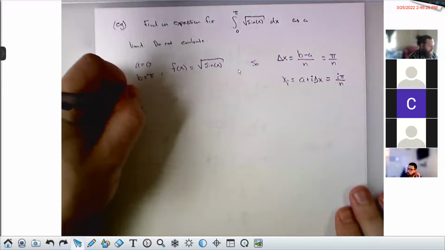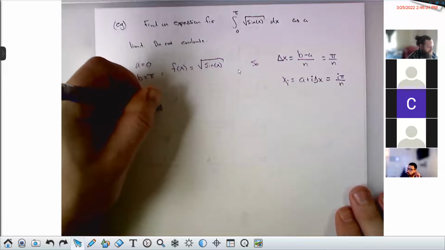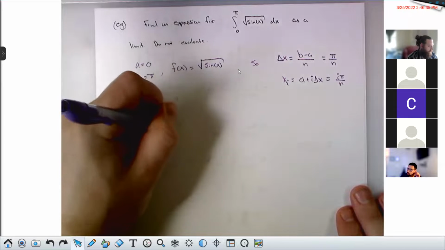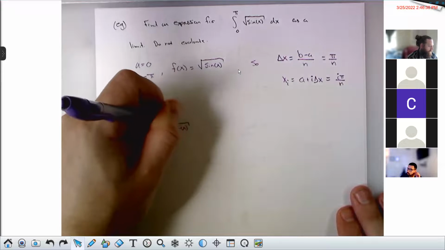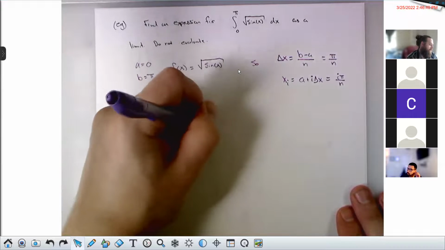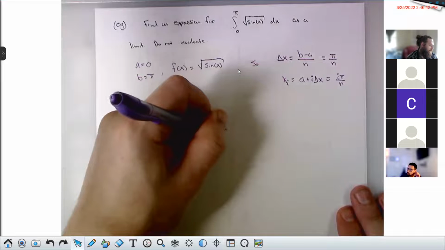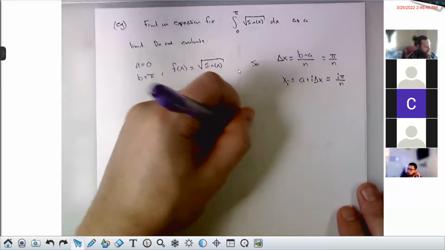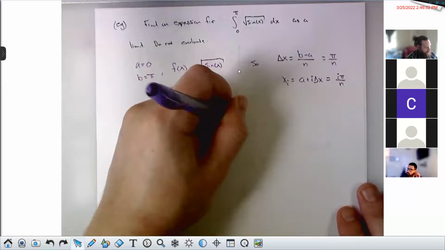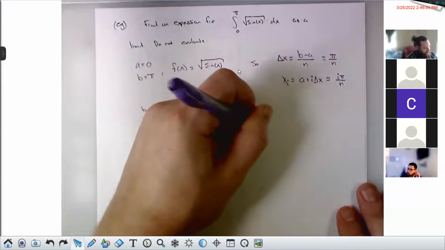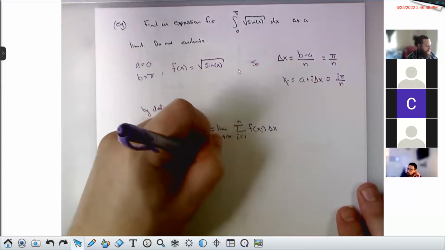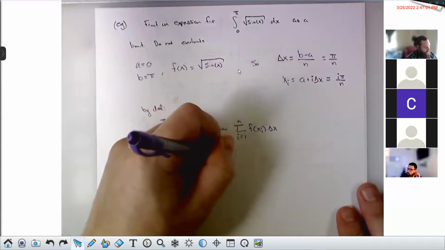And that means that by definition, this integral, which is measuring an area, would be the limit as n goes to infinity of that right endpoint Riemann sum with n rectangles, which is the same limit we were just working with. Sum i from 1 to n, f of xi times delta x. And we've calculated all the things.